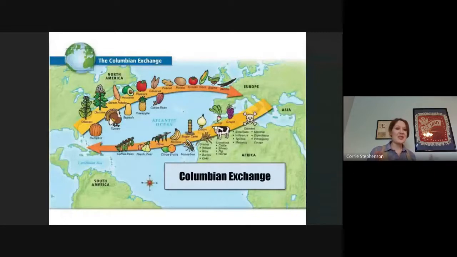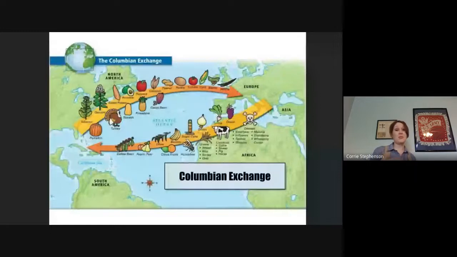So essentially, when we say Columbian Exchange, we're just talking about the exchange of goods between Europe and North America. Europe gets a lot of good things from North America. So for Europeans, the Columbian Exchange is actually a very positive thing. We're going to get things like potatoes and tomatoes, stuff that we consider to be staples of European cuisine, actually have no place in Europe prior to 1492. So there are large amounts of food that is entering Europe.